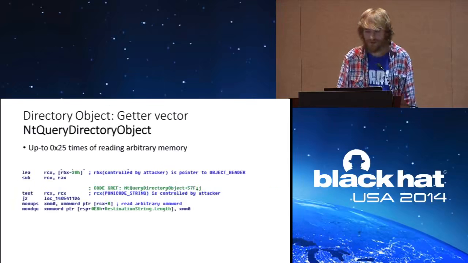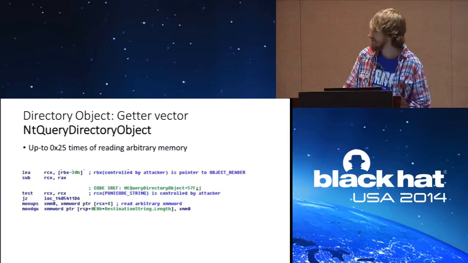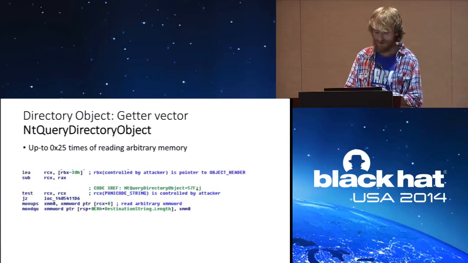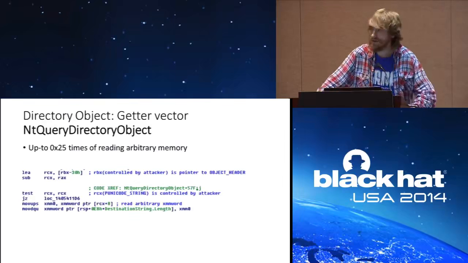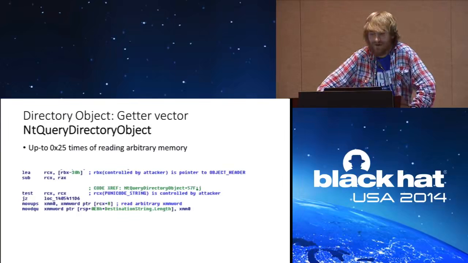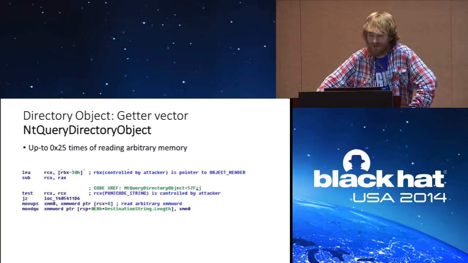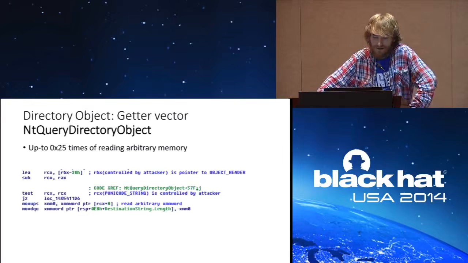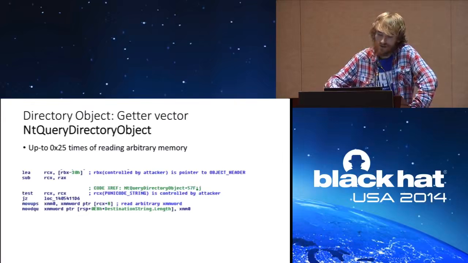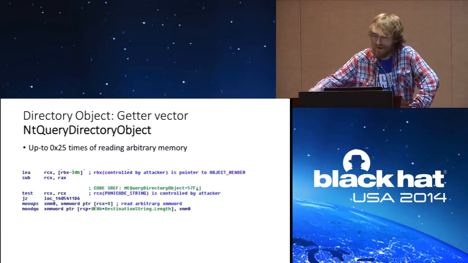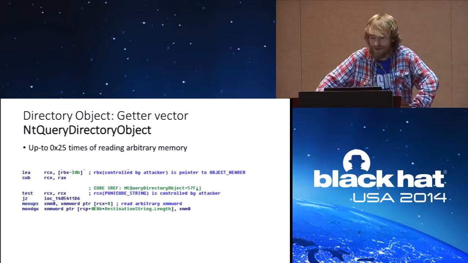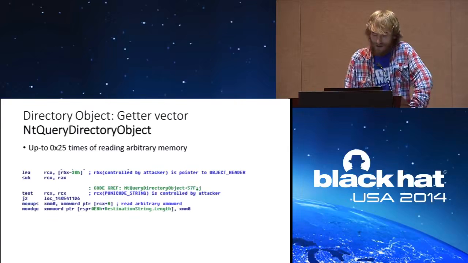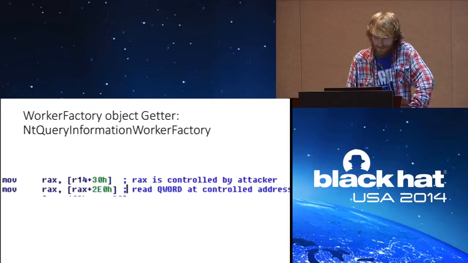Also, for example, query directory object. This object contains an array of object headers, so you can craft up to 25 malicious object headers, and basically it leads to 25 in hex, 37 times of reading arbitrary memory using just one system service.